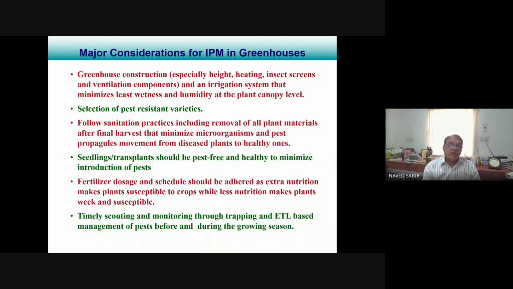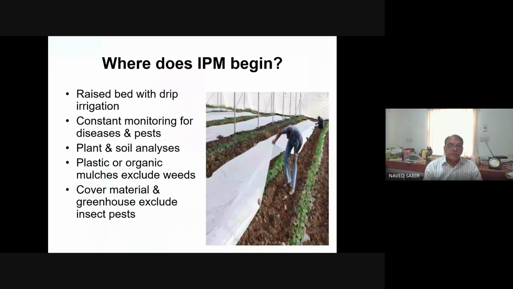If the greenhouse operation and maintenance is done that way, then only you will be able to manage a healthy production system, a clean production system. So hygiene of the greenhouse system is the first and foremost priority for the production system.